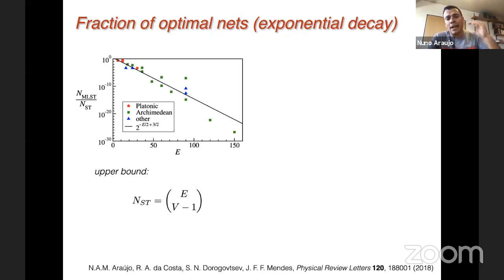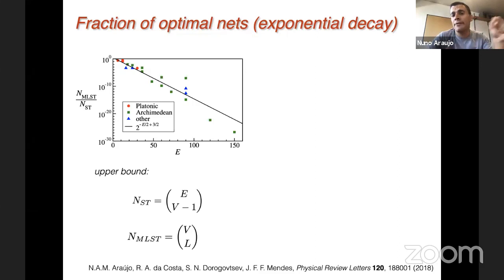So an upper bound for the number of possible cuts is saying that we need to look at how many configurations I can have with V minus 1 edges out of the total number of edges in my solid.